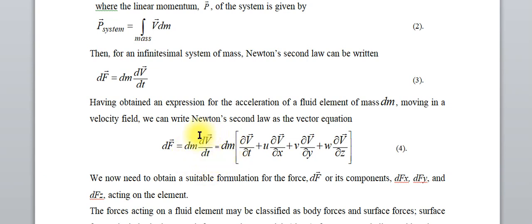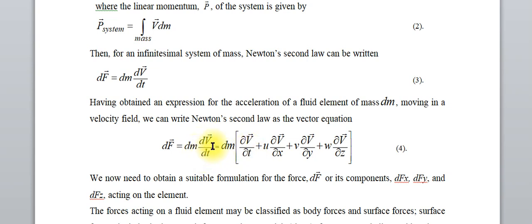So I can write this total derivative as a sum of the local derivative, or in other words, the Lagrangian approach is translated to the volume approach, or the Eulerian approach. This is when you are studying individual particles.